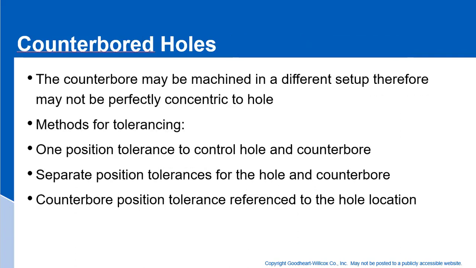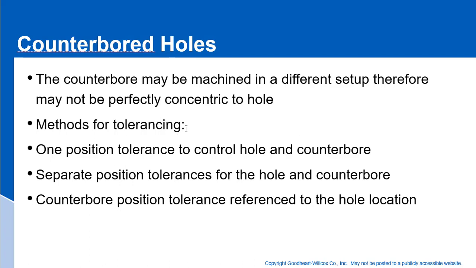Okay, let's talk about counterbore holes. The counterbore may be machined in a different setup than the hole. So you come in there and you drill a hole, and then you can come back later with another tool and drill a counterbore. You position the part underneath the tool to do that. Was it perfectly positioned in both cases? Not necessarily.